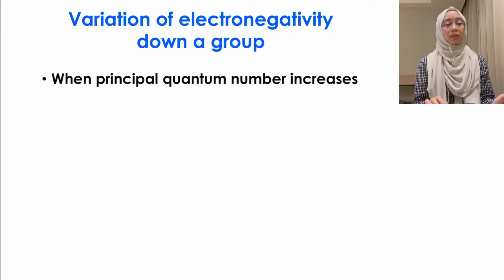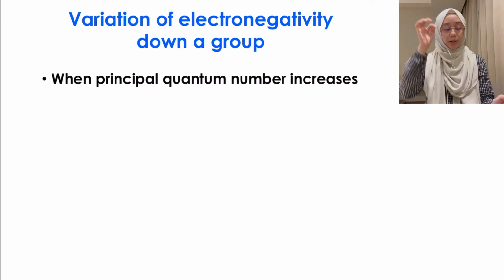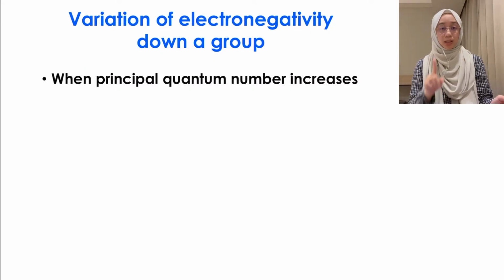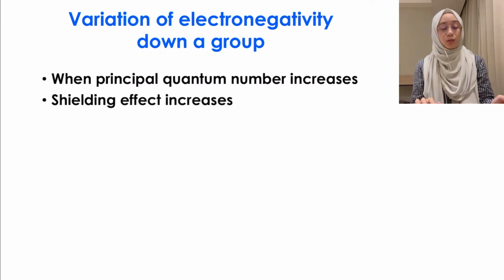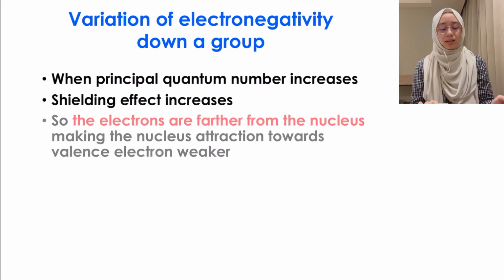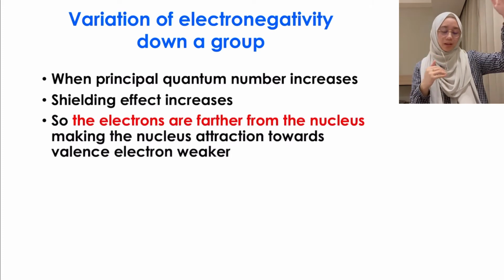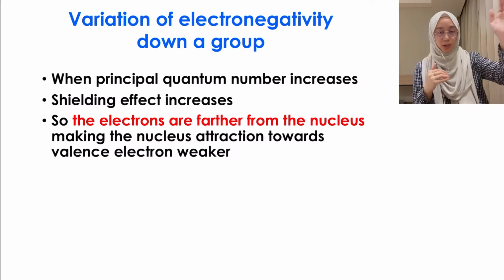So now let's have a look at going down the group. By now you should know that going down the group, the size becomes bigger. When the principal quantum number, n, increases as we go down the group, the shielding effect increases. So the electrons are further apart from the nucleus.